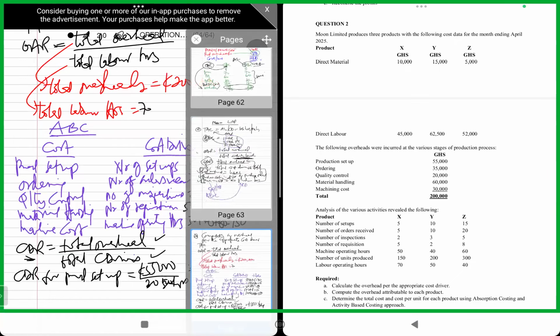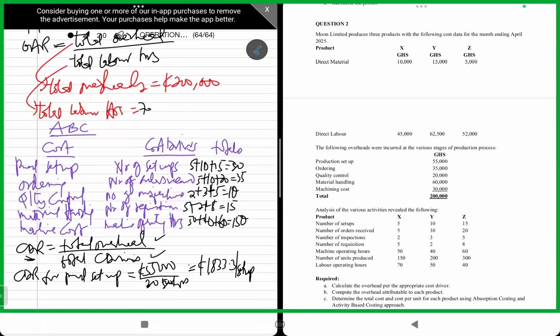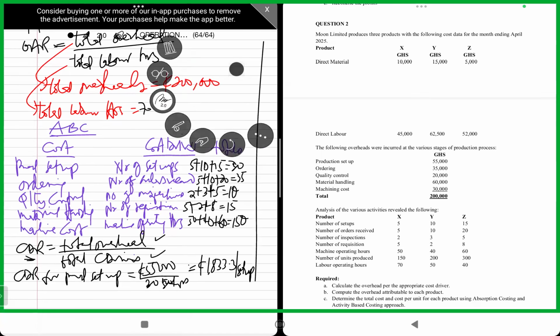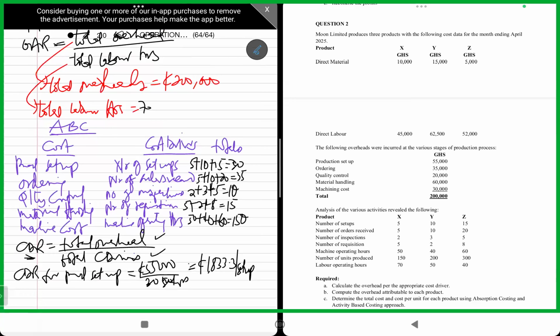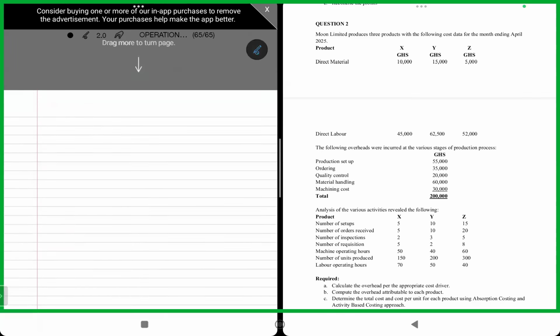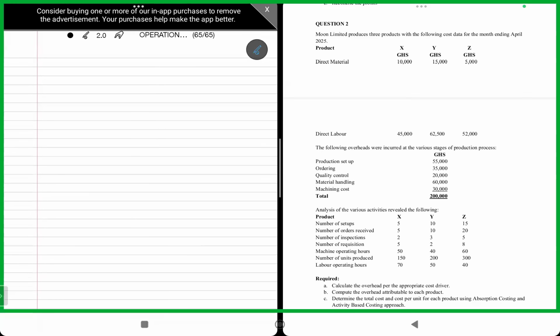Alternatively, let's do this. To find the overhead absorption cost, after I find the cost drivers and totals, instead I should find the overhead per the appropriate cost driver.